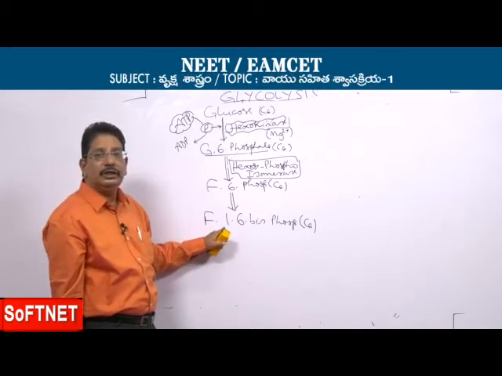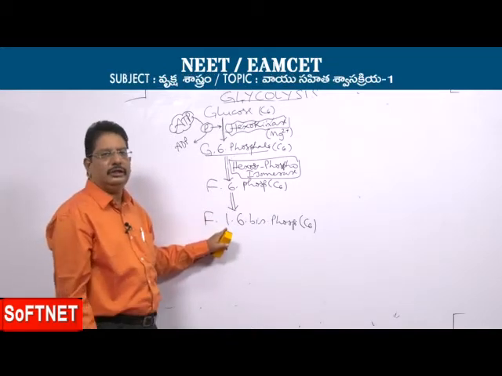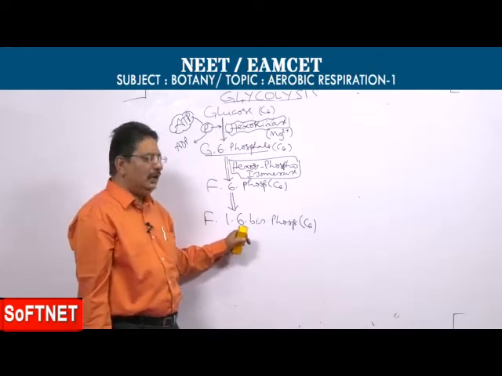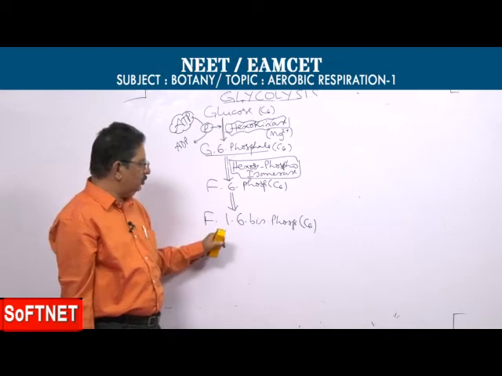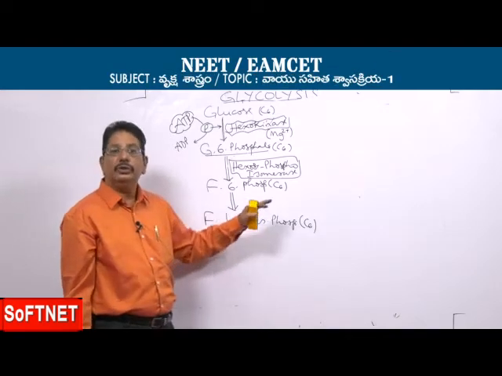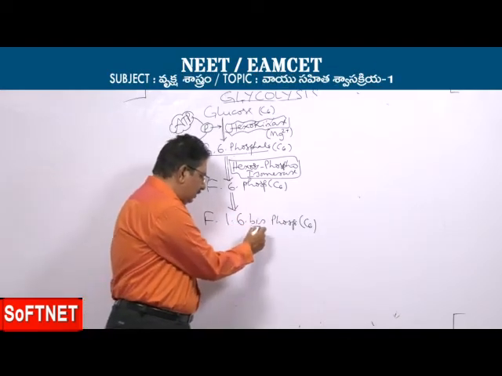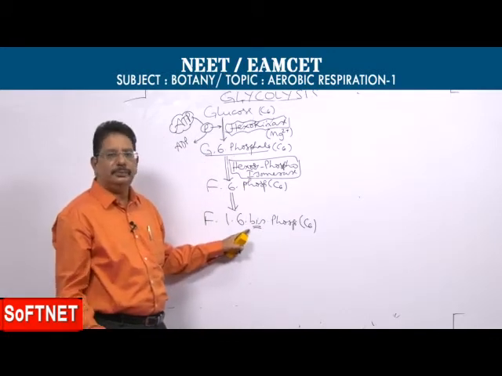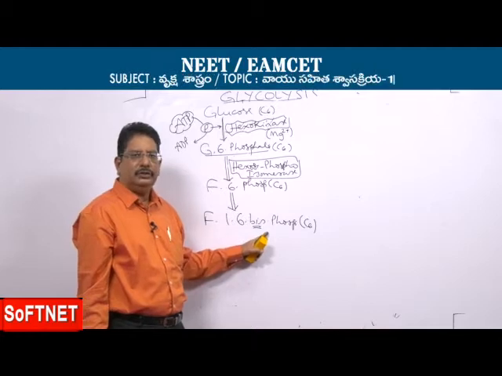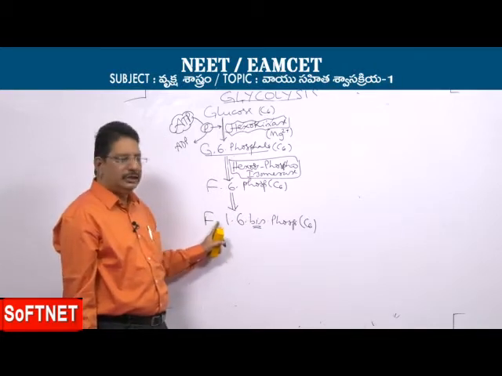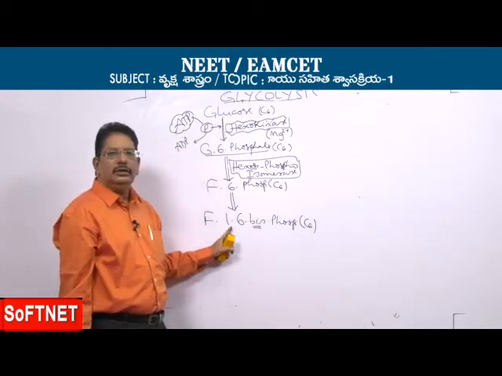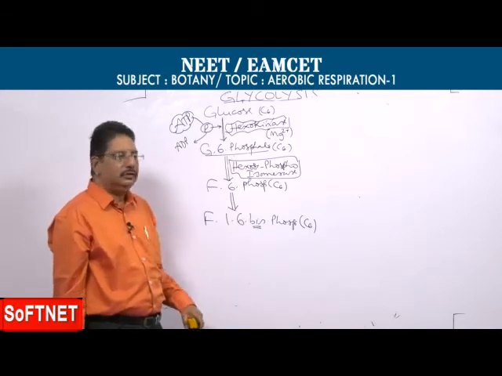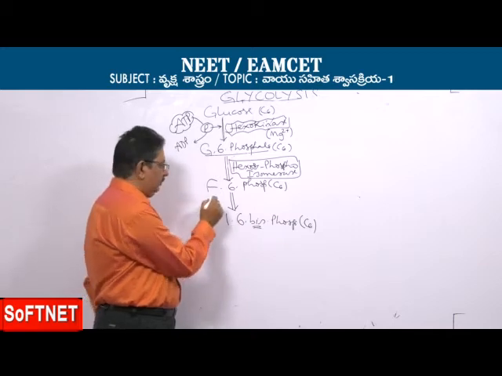One phosphate is at the first carbon of this skeleton and another phosphate is at the 6th carbon of the skeleton. As in a compound, if 2 phosphates are placed at 2 different places, as per the nomenclature, it should be called bis. Instead of di, it is bis. So, fructose with 6 carbons, where the first carbon and 6th carbon have phosphate. So, where does that extra phosphate come from?